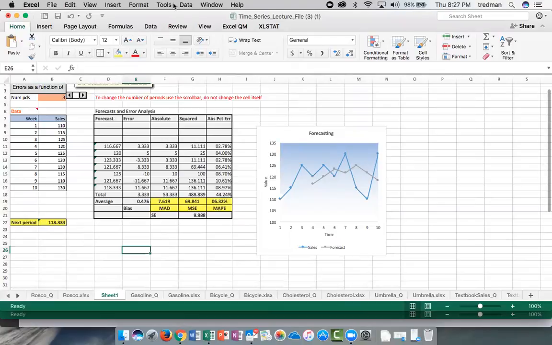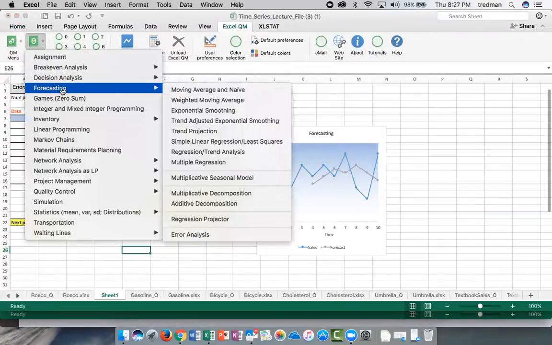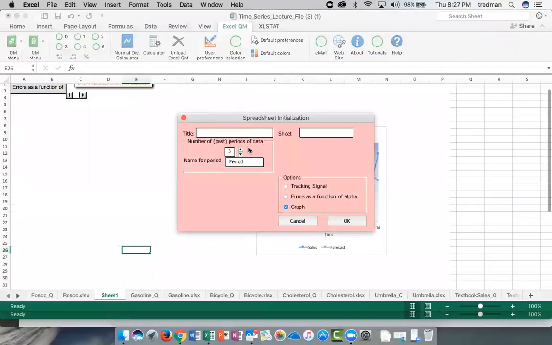This time I'm going to do exponential smoothing and then use an alpha of 0.4. So QM, forecasting, exponential smoothing. I have 10 past periods. And I'm just going to leave graph checked like I did before. Click OK.